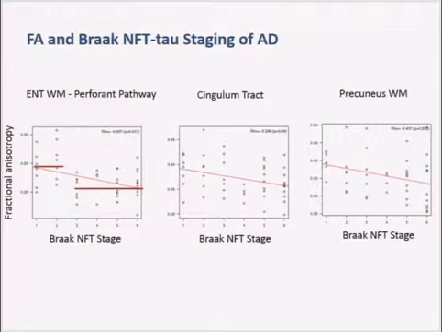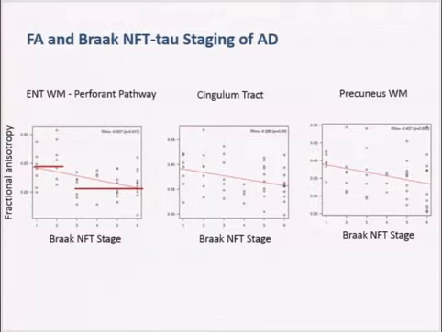So this is very much expected because at Braak stage 2, the tau pathology starts going out of the entorhinal cortex into the hippocampus. And at this stage, what we see is the perforant pathway is getting impacted. So the connections in between, along which the tau pathology is spreading from the entorhinal cortex to the hippocampus, are being affected.